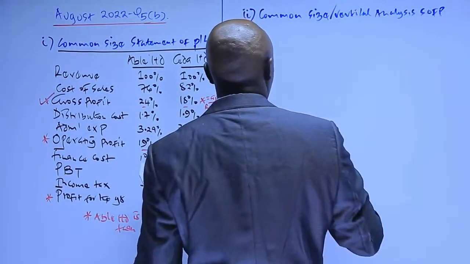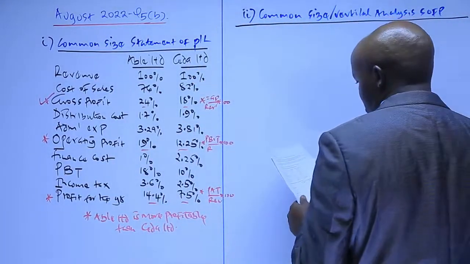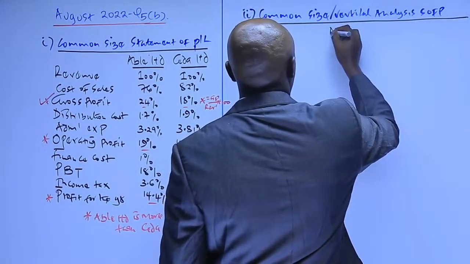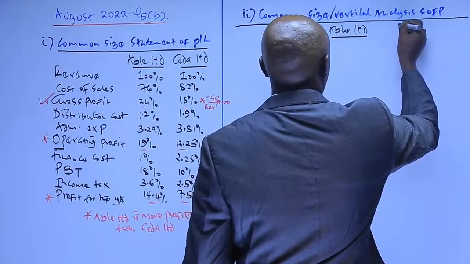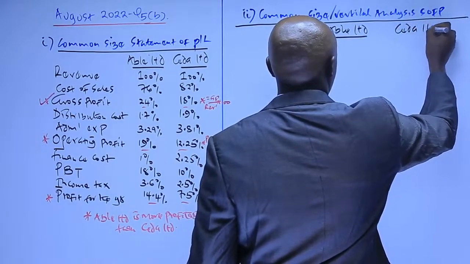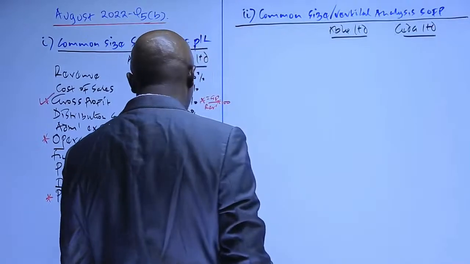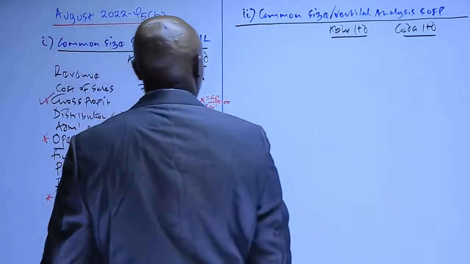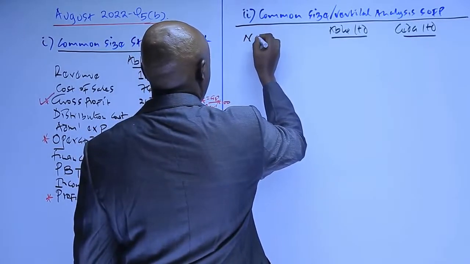So here what we need to do is to express all items as a percentage of total asset. We equally need to have two columns. We have Able Limited, and then we have Cedar Limited. We start with the non-current assets.